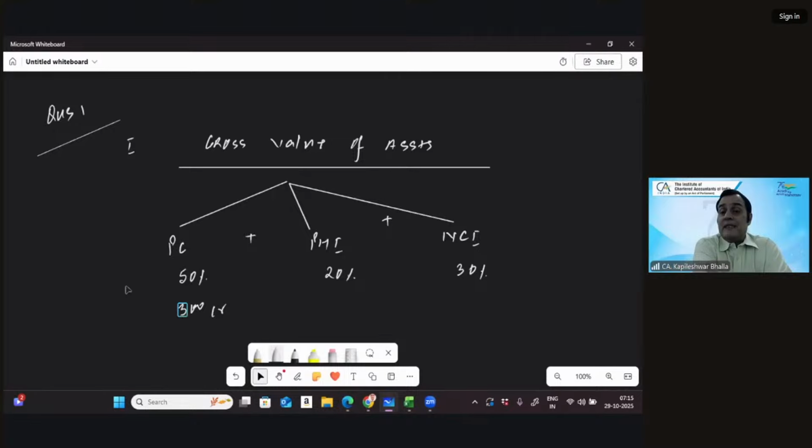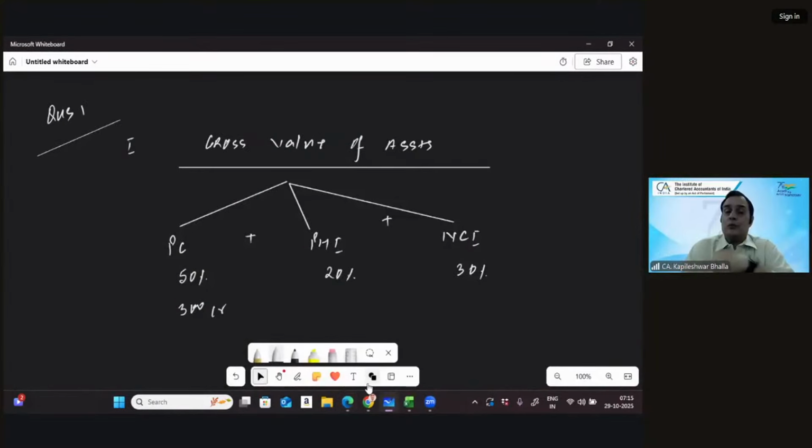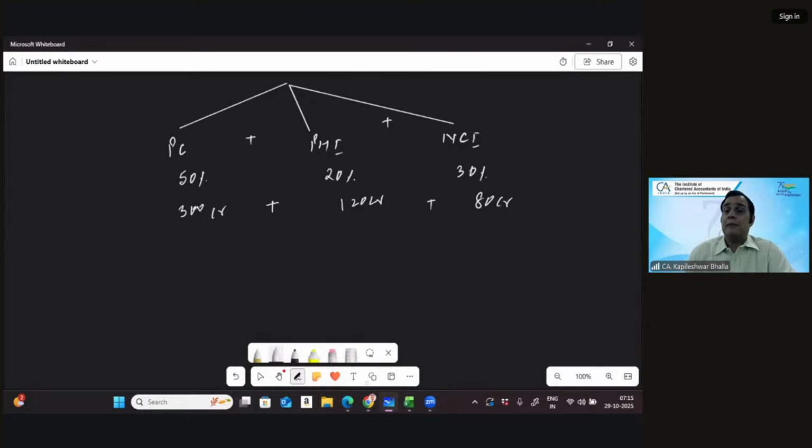As far as the PHI is concerned, it says at the end that it is 120 crores, and the NCI is 80 crores. So let's add all these three elements: 300 plus 120 plus 80 makes a total of 500 crores.